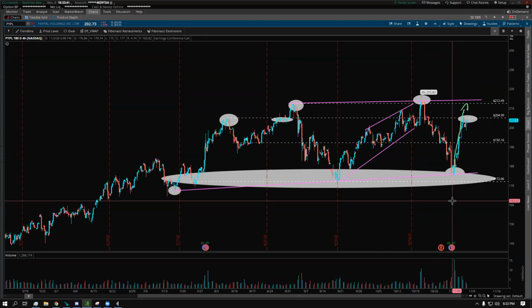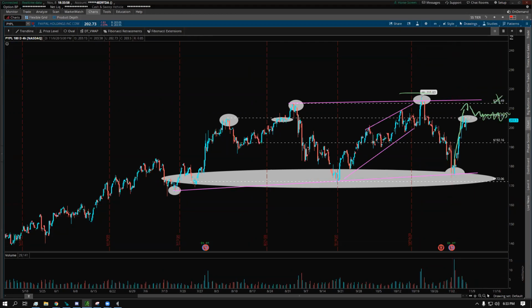So if we can clear resistance and find a bottom right there on that level, or even chopping around here, then I'll say all right, we're going in for calls, because that means we're much more likely to go test this 212.5 level, and then ultimately all-time highs at 215.8.